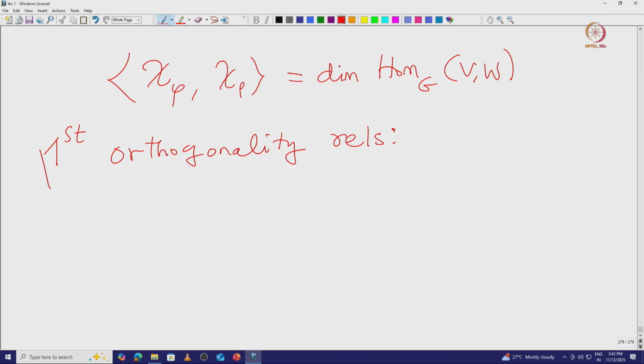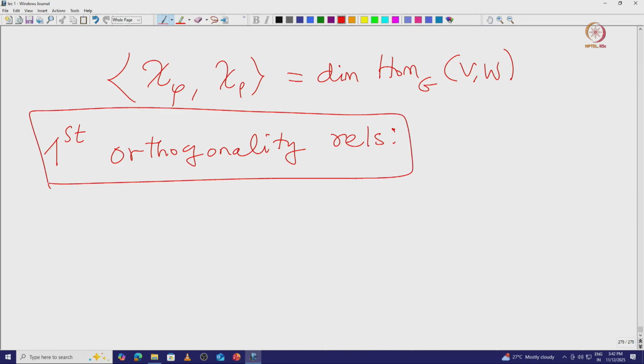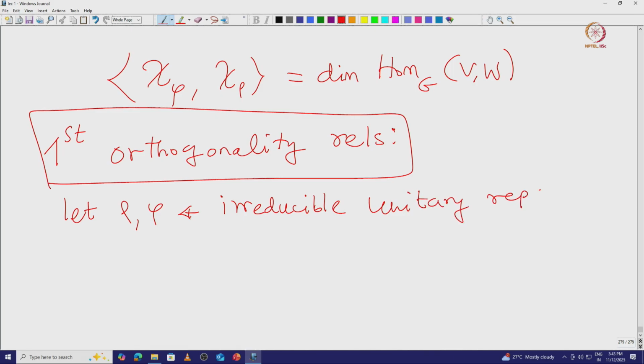So, this actually tells us something about the irreducible characters. We take rho, phi, both irreducible unitary representations of G. Then we have this equation.